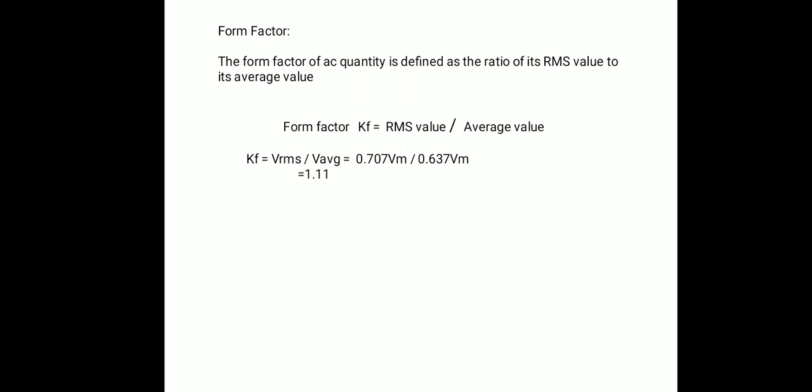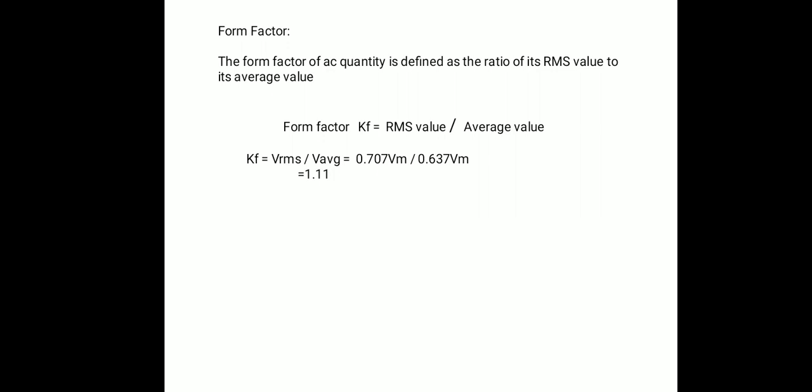What is form factor? The form factor of an AC quantity is defined as the ratio of its RMS value to the average value. So what is the RMS value? The RMS value of an AC quantity is equal to the DC quantity required to produce the same amount of heat as produced by the AC quantity, provided that time and circuit are identical.